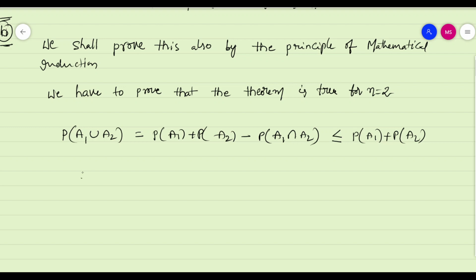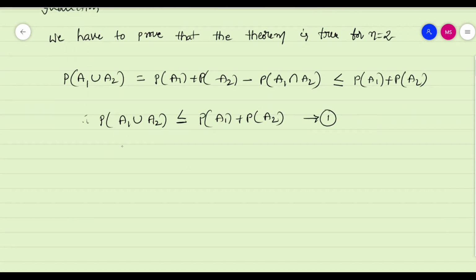So finally, P of A1 union A2 is less than or equal to P of A1 plus P of A2. This is equation number 1.